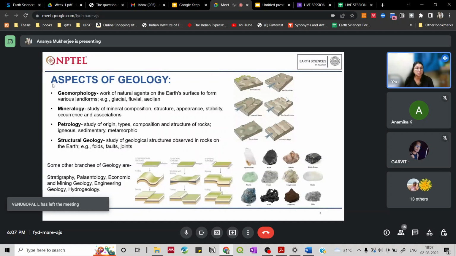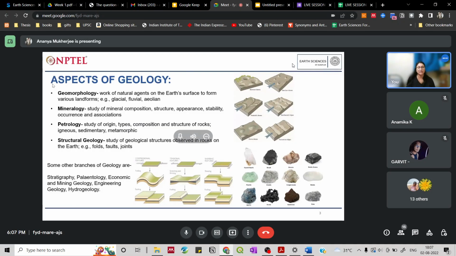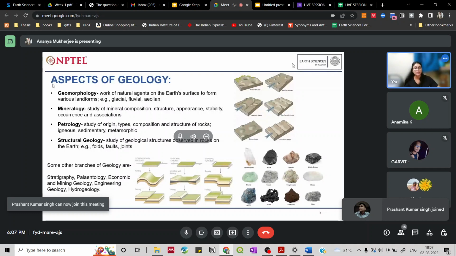These erode, weather, and also deposit different constituents or components of the Earth to form different landforms and features. As you can see over here, these are the landforms that are made by the action of the wind.